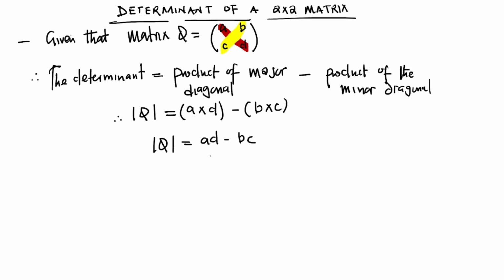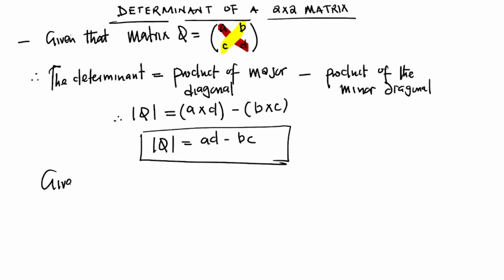So if we have AD minus BC representing the determinant of a 2 by 2 matrix, we can now look at an example. So how do we find this?